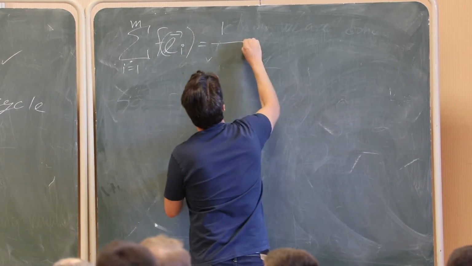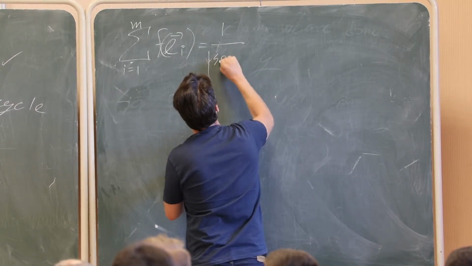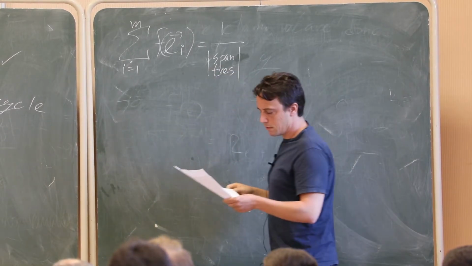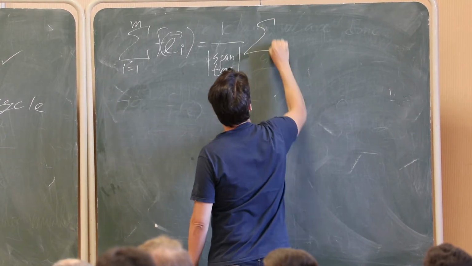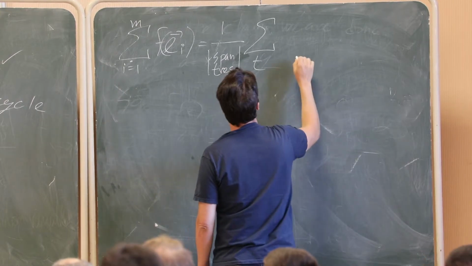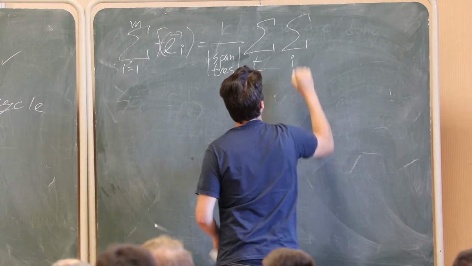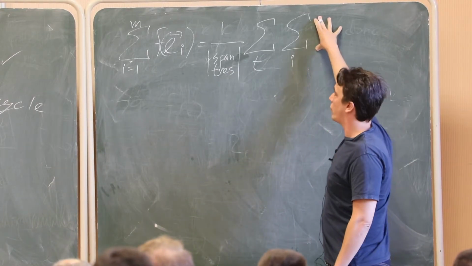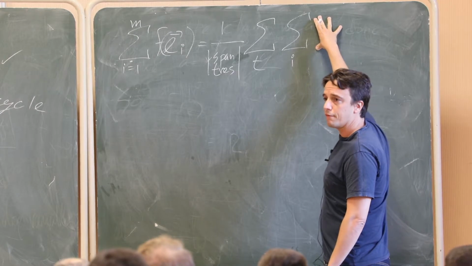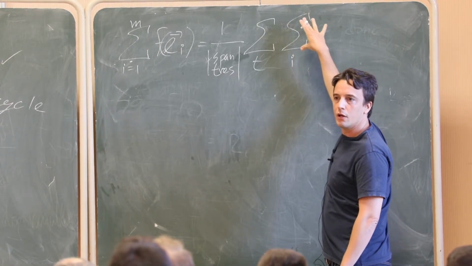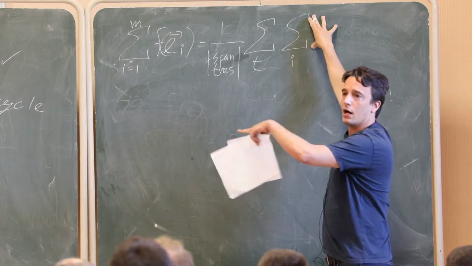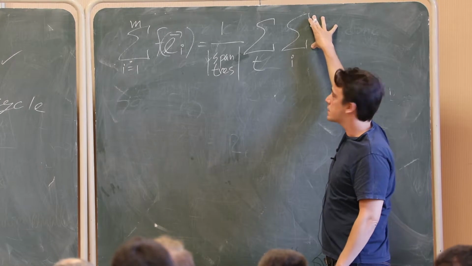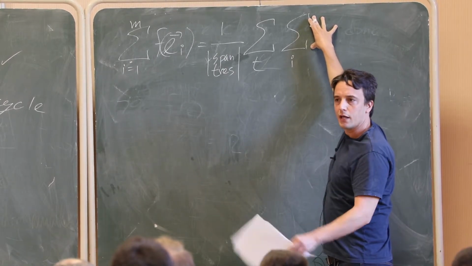So this is 1 over the number of spanning trees. Right, this is a probability. It doesn't matter. I sum over all the t's, and I sum over all the i's. And now here I will write f of t, e_i: the indicator 1 if t uses e_i in the right direction, and minus 1 if t uses e_i in the negative direction.